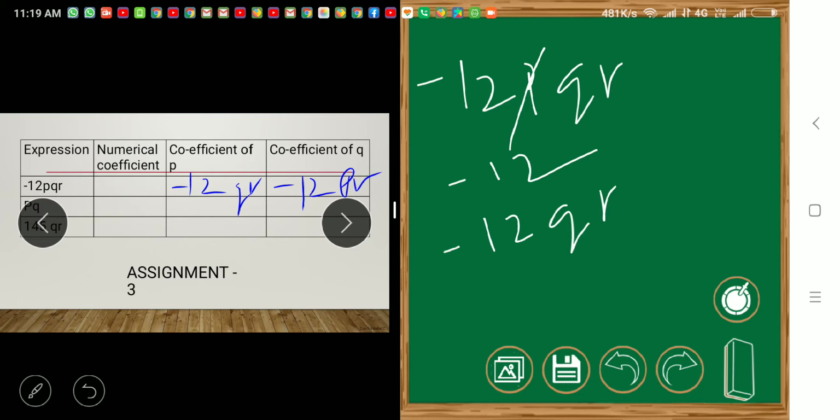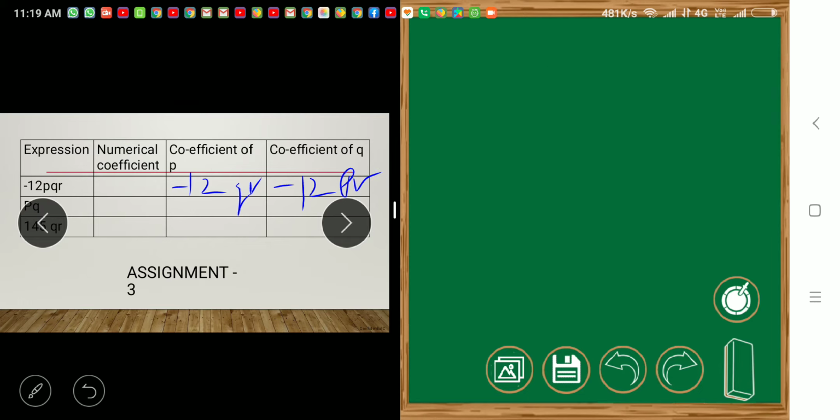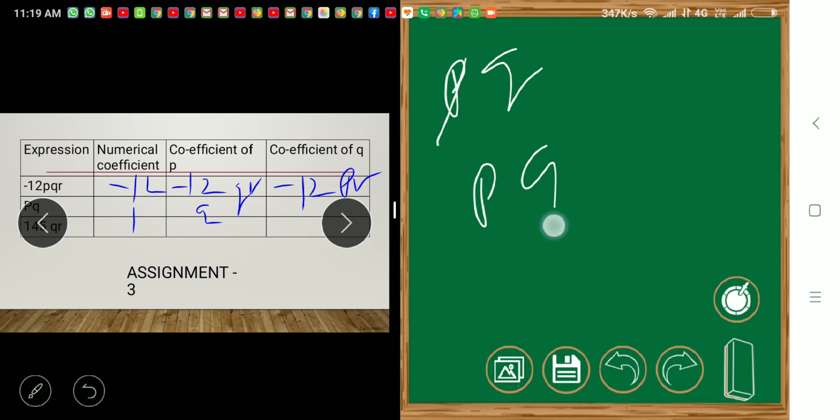The next one, PQ is given. The numerical coefficient can be written as 1. The coefficient of P means write the Q, because you cut the P, only Q remains. Coefficient of Q they are asking: cut the Q and write the P.